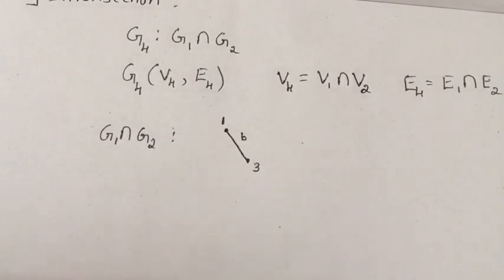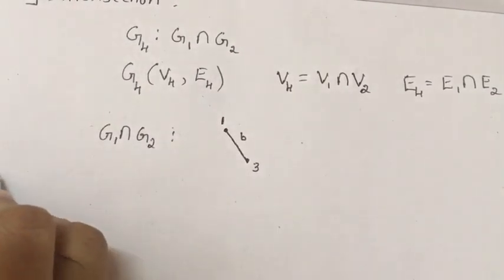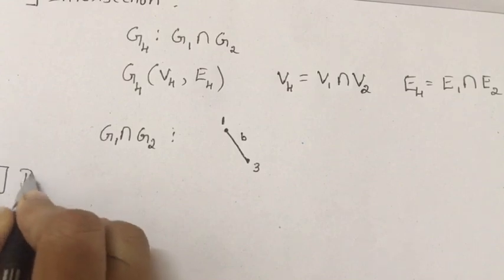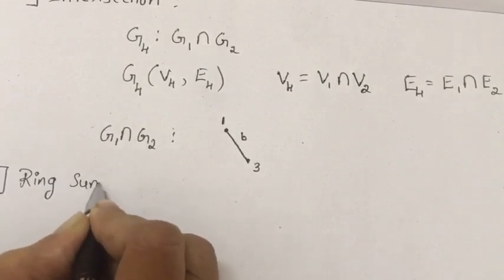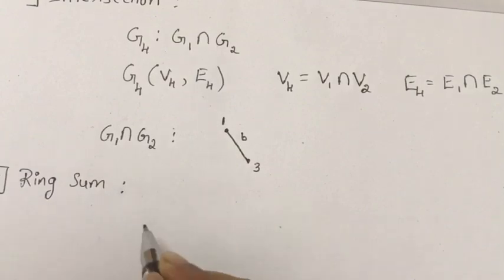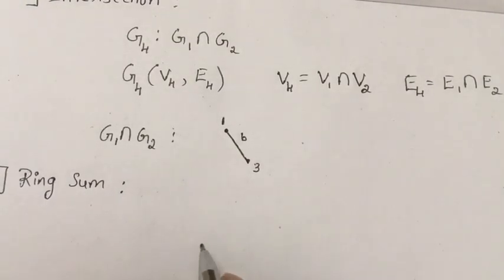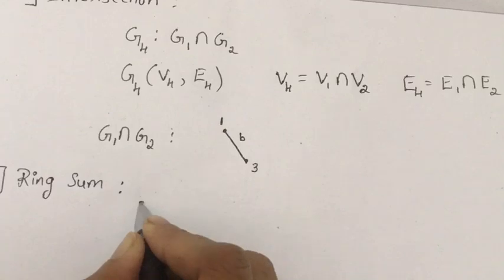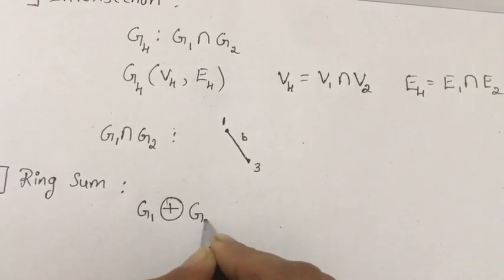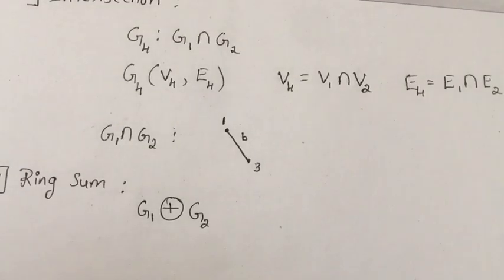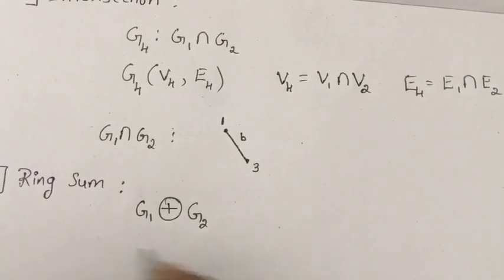Next operation is Ringsum. Ringsum of graphs G1 and G2 is written as G1 Ringsum G2 and is a graph consisting of the vertex set V1 union V2.